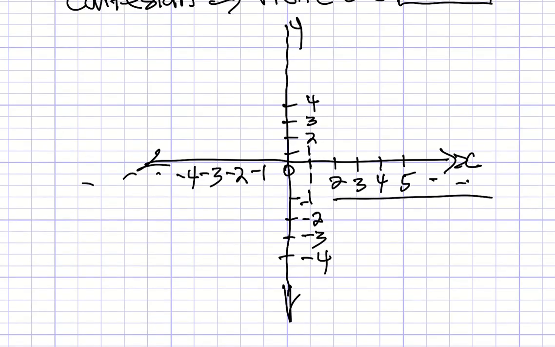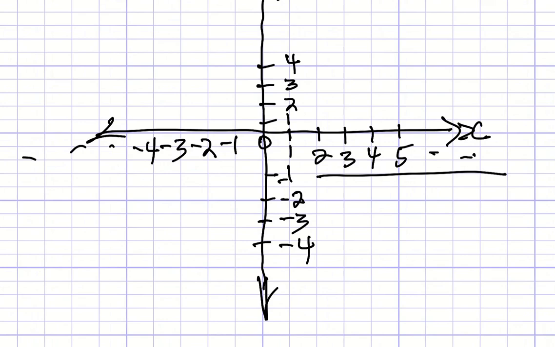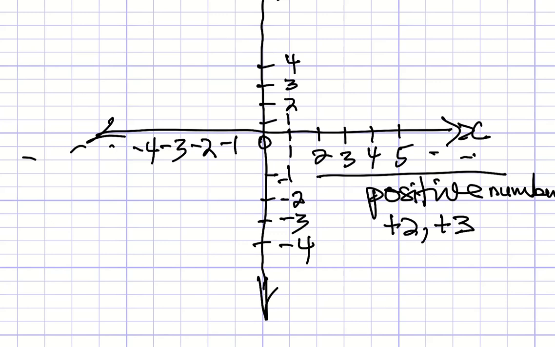These numbers here that are positive, they call positive numbers. You know about that. We've been working with them. Usually we can write it like +2, +3, but we don't put that. We'll write it as 2 or 3. The assumption is that the positive sign is there.